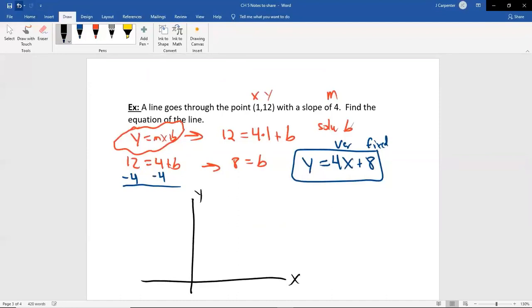X, Y. So this 8, this is the y-intercept, or the initial amount, or the fixed amount, which says on the y-axis there's an 8 somewhere. Let's make it about here. There's our first point. If you don't trust that, if you plugged in x equals 0, 4 times 0 is 0, 0 plus 8 is 8. So when x equals 0, you're going left or right nothing. You go up 8.